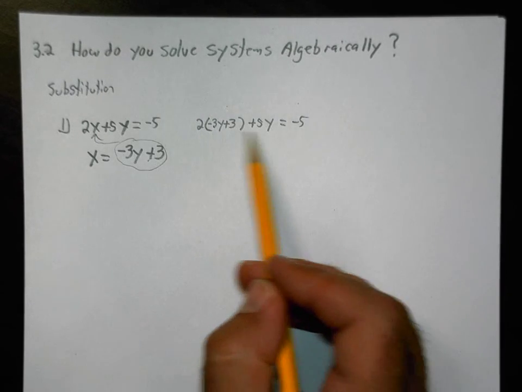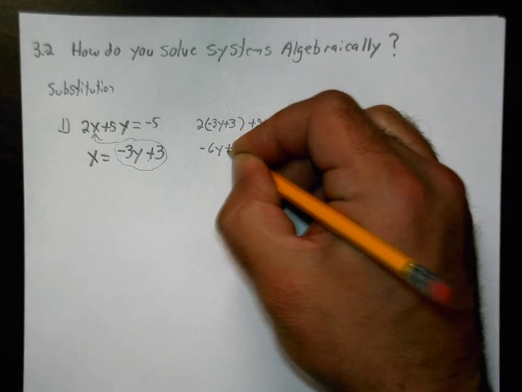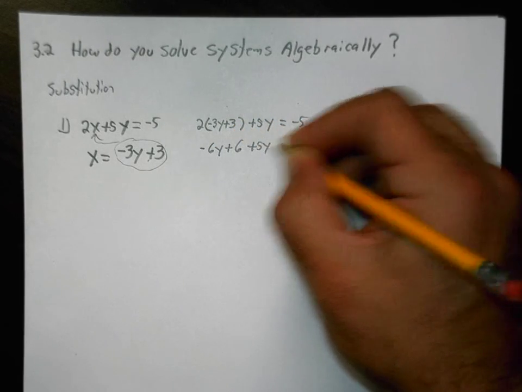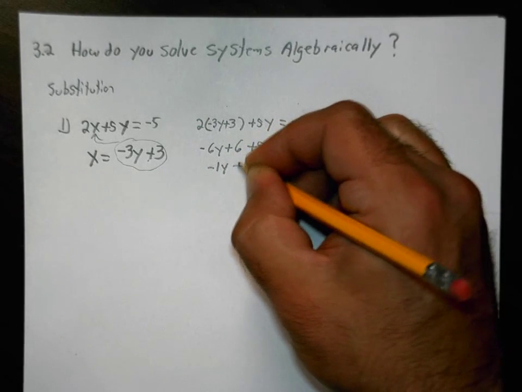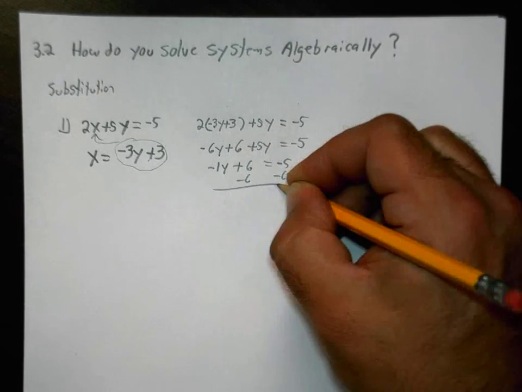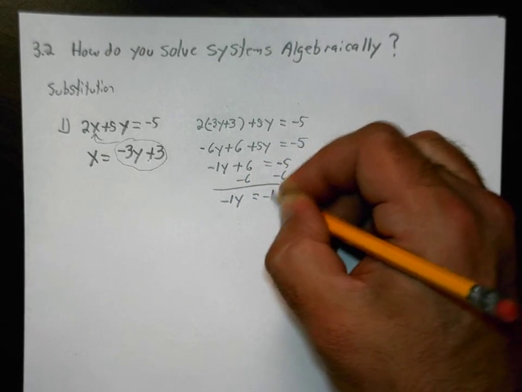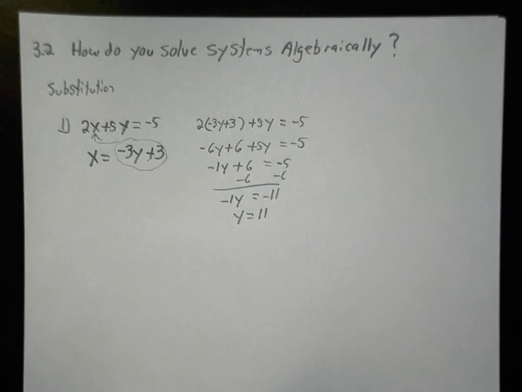Now I have an equation with one variable and I can solve that. And I get 11 for y.